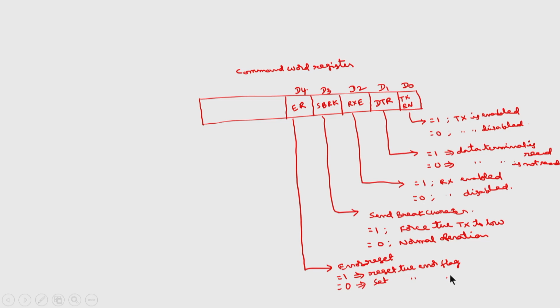Then we have RTS, IR, and enable search EH. These are the different signals D5, D6, D7. RTS, ready to send.